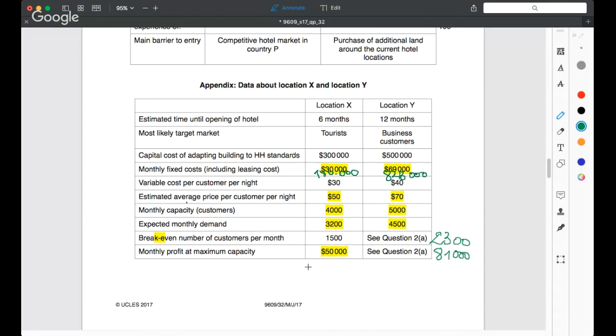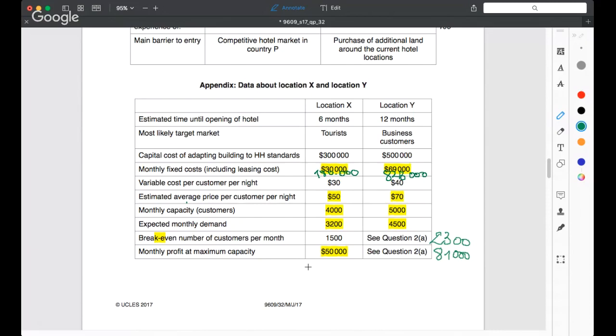And if we go for 500 for location X, the profit is less, but it's reachable as the break even is lower. Yeah. Exactly, it's lower. Okay, so now we need other considerations to take the decision.